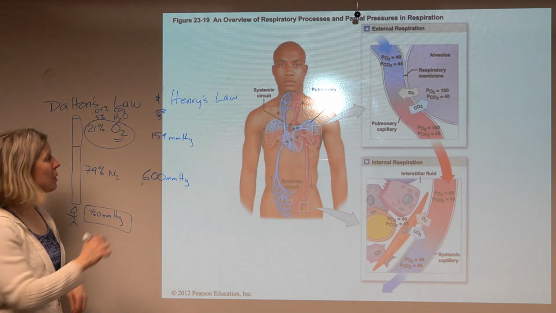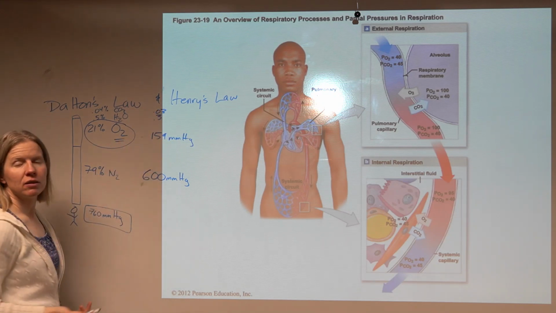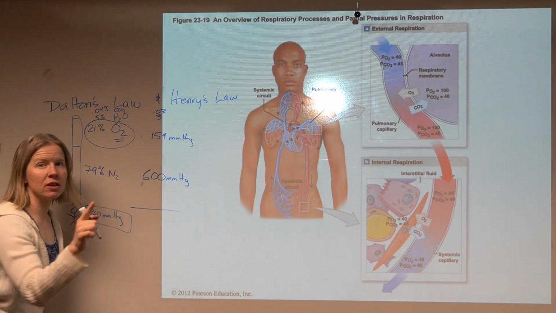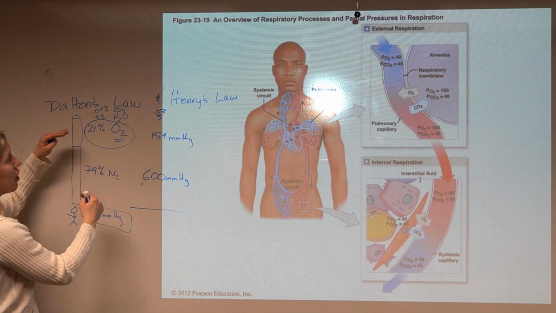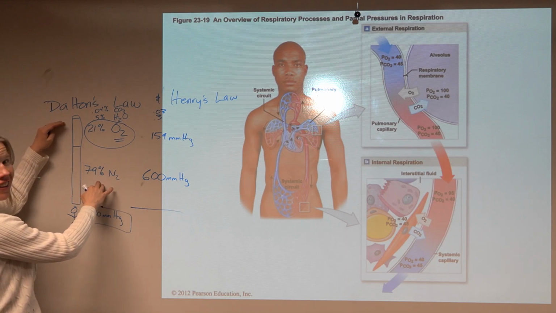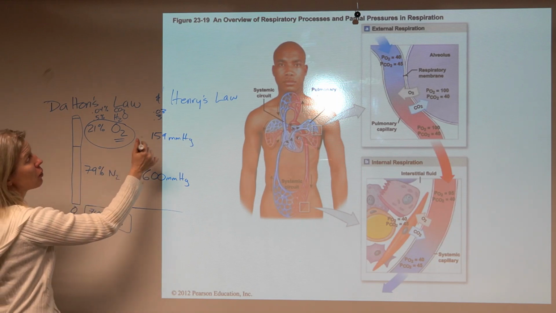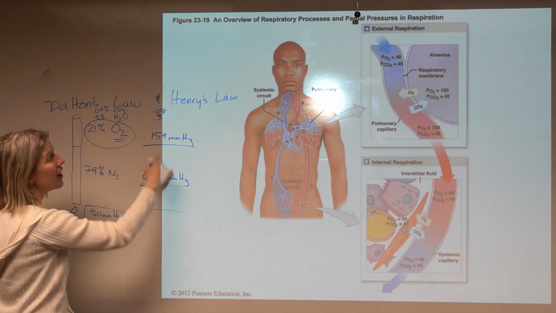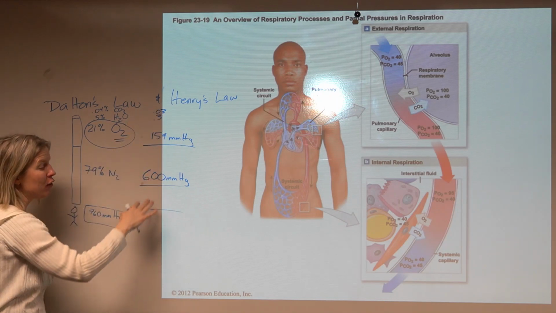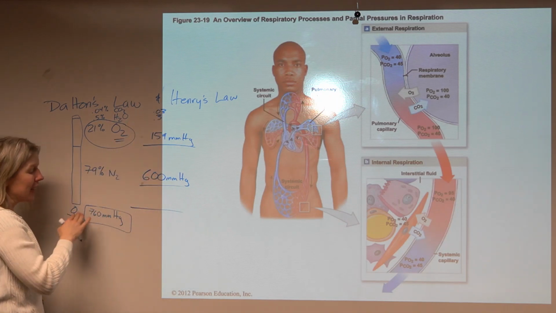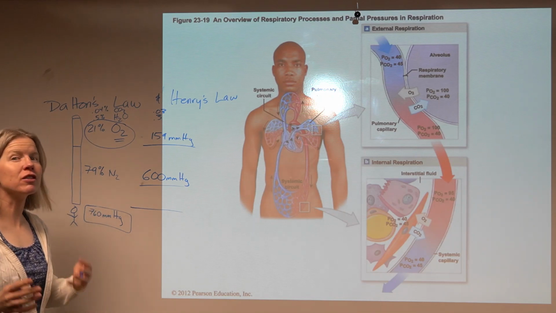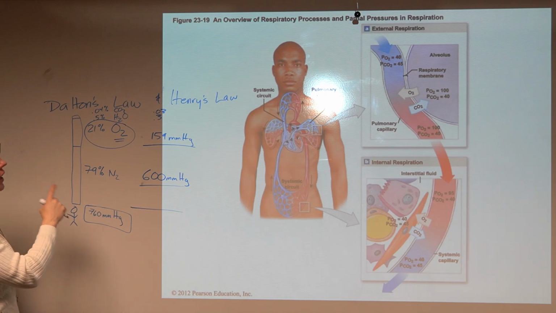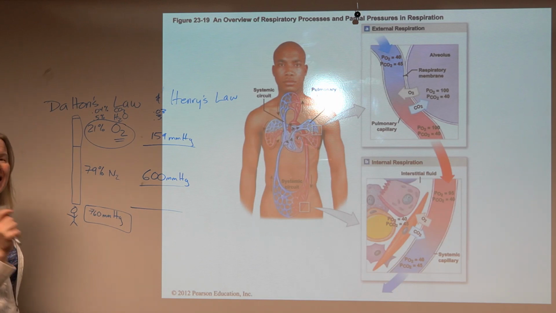Really low amounts, but there you are, 760. So Dalton's law just says that the partial pressure of each individual gas, if you add them together, gives you the overall pressure. Duh.